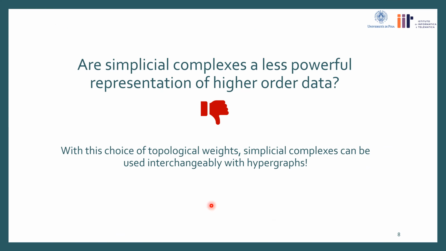With this choice of topological weights, you can fully recover the information you have about the input bare affinity weights. In this case, simplicial complexes turn out not to be less powerful than general higher order networks, and they can be used interchangeably with hypergraphs, in fact.